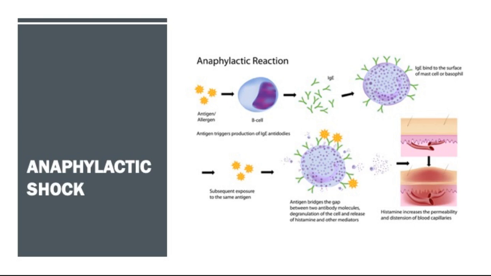Due to this increased capillary permeability and peripheral vasodilatation, you'll have once again those leaky vessels where fluid can leak out, causing edema. You'll have decreased systemic vascular resistance, causing that hypotension, which will ultimately cause decreased cardiac output, decreased tissue perfusion, hence the shock piece. And ultimately, the patient will die if this isn't treated in some way.